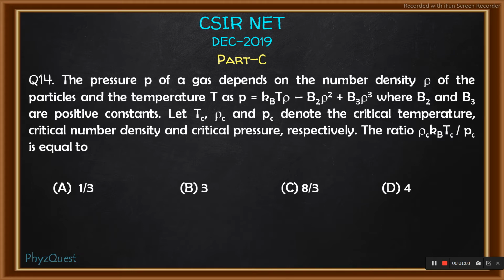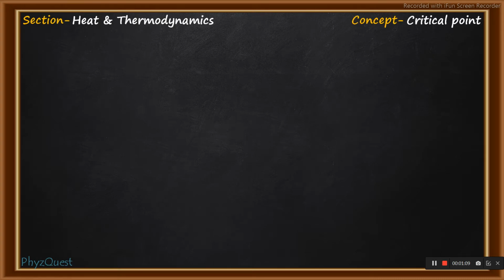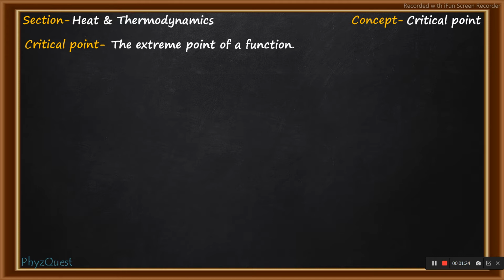So let's get started. This question comes from the section Heat and Thermodynamics, and the concept involved here is the critical point. In a general sense, a critical point means the extreme point of a function, the maximum or the minimum.